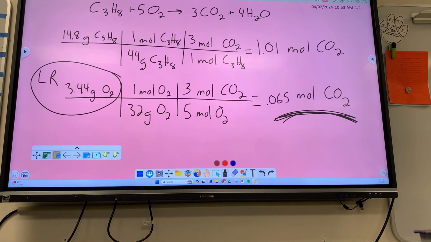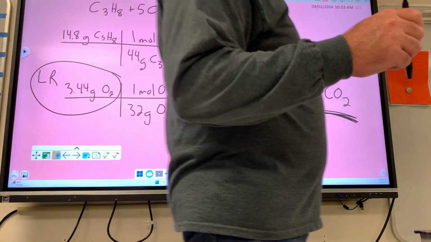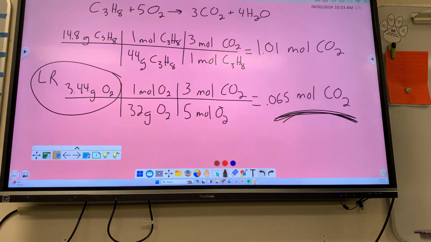And now here is the fourth step for these limiting reactant problems. And I didn't write this down. You may want to. For the rest of these problems in a limiting reactant problem, start with the limiting reactant. So look at part C. What does part C ask us?